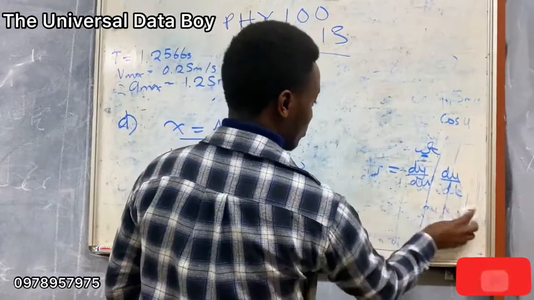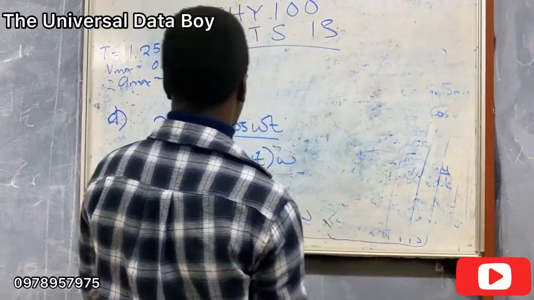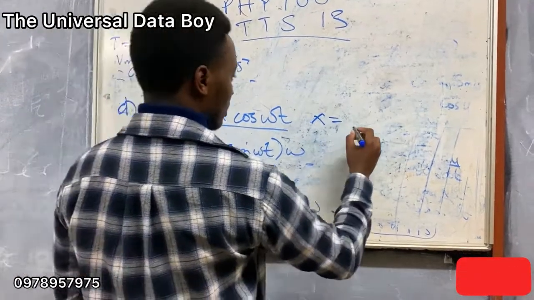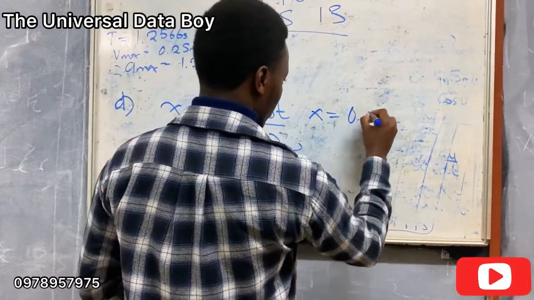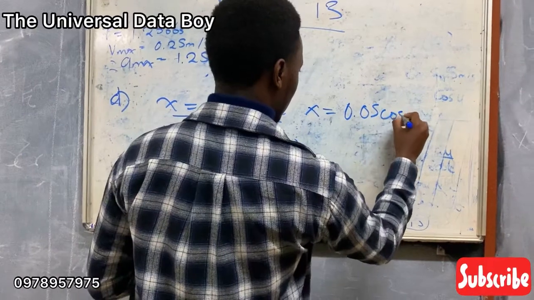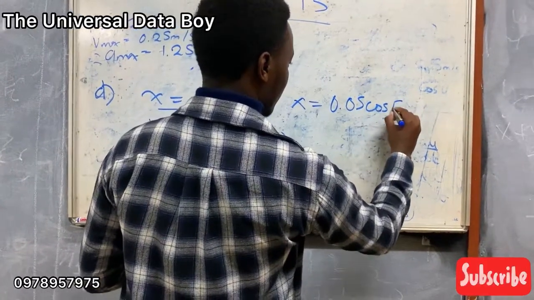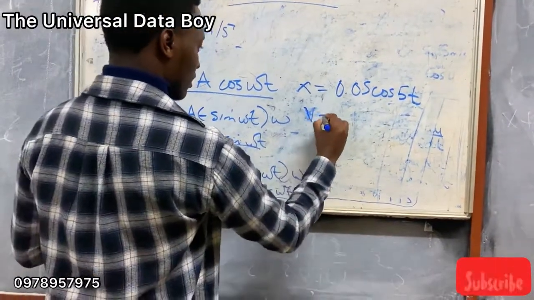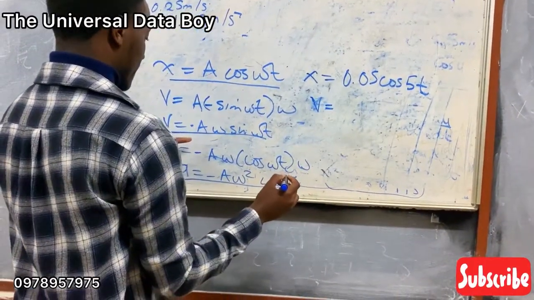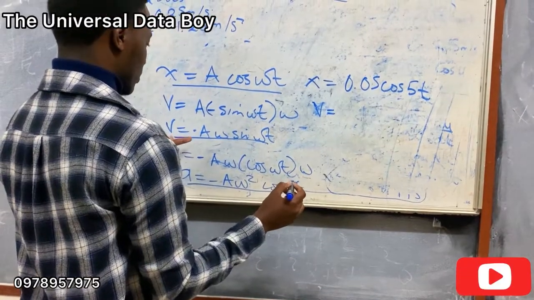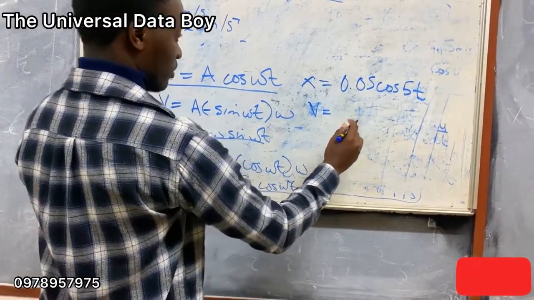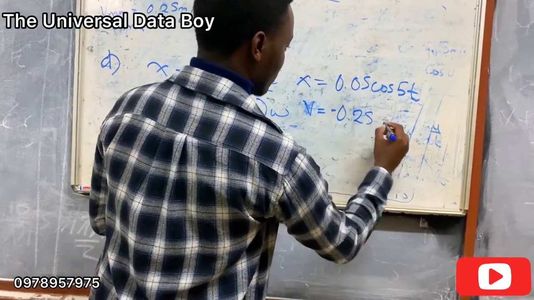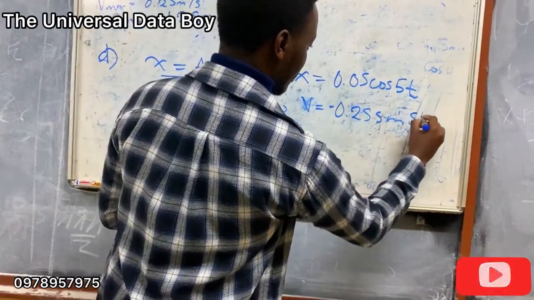The only thing that's going to remain is us to plug in the values. So here we have x equal to A. A is just the amplitude, which was 0.05 cosine. Omega was 5, so 5t. Then for this one, we have v equal to A w, which means this one times this one, which is 0.25, negative sine 5t.